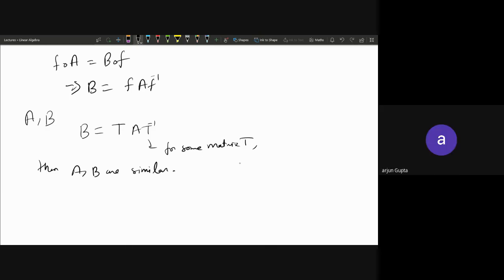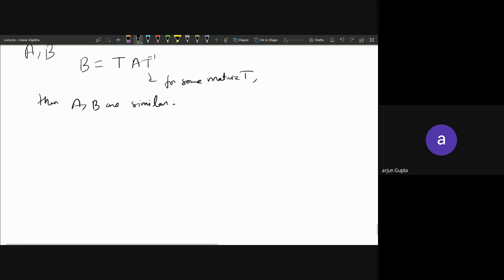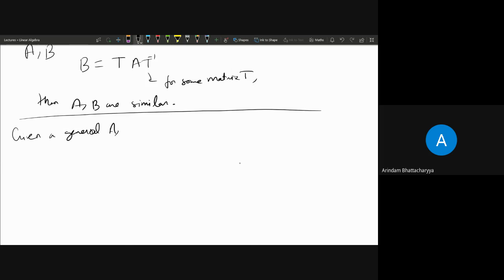Right. Can we always choose T such that B has non-zero elements only on its diagonal? So the question you're asking is, given a general A, can we find T such that T A T inverse is diagonal, right?